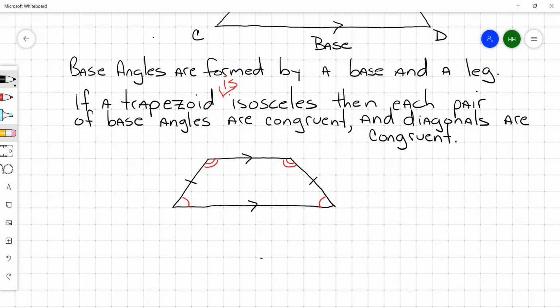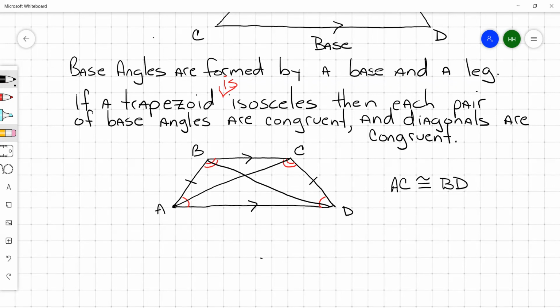All right, remember diagonals, they connect non-consecutive vertices. So if we label this again, A, B, C, D, if we draw a segment from A to C and from B to D, then if this thing is an isosceles trapezoid, then AC is congruent to BD.